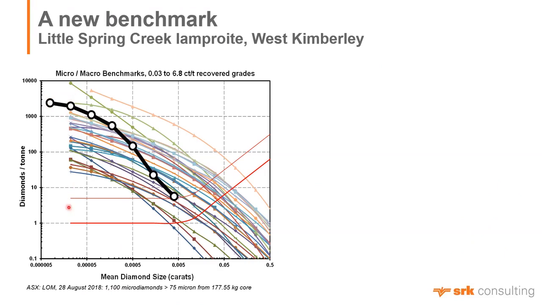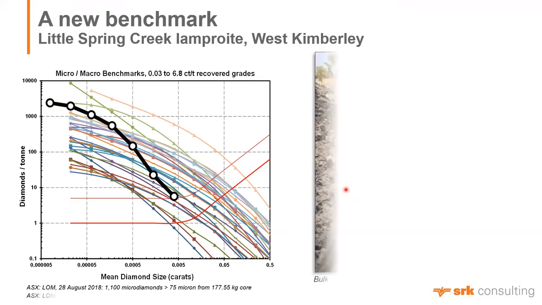Most of my benchmarks started, well, in fact, all of my benchmarks started at 106. This microdiamond data set on its own crosses a whole bunch of the benchmarks, and the implication is the extension would be somewhere down here. But I can only turn it into a benchmark once I have a macrodiamond bulk sampling result, which falls somewhere over here.